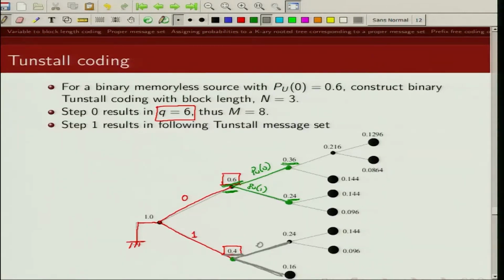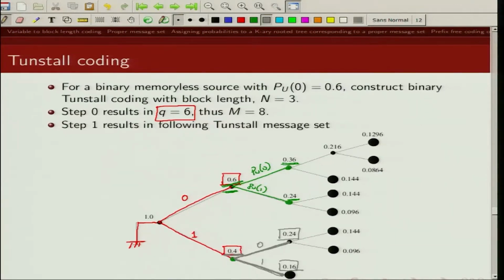This corresponds to letter 0, this corresponds to letter 1, and these probabilities we can similarly compute. It is 0.4 into 0.6 is 0.24 and 0.4 into 0.4 is 0.16. So this is now the second extension of the extended root.